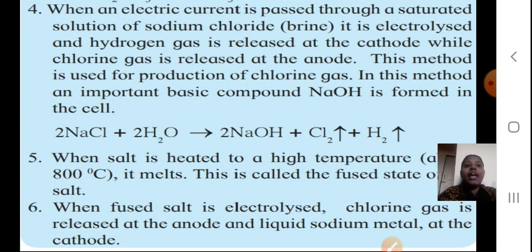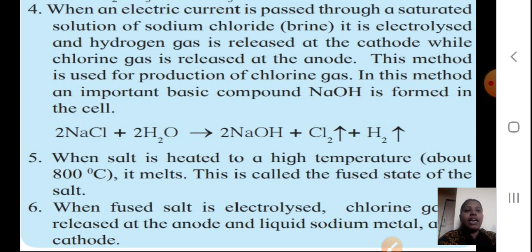So when I take this fused salt and pass electricity through it, what am I going to get? Again I will get the formation of chlorine gas, which will be released at the anode, and liquid sodium metal, which will be at the cathode.